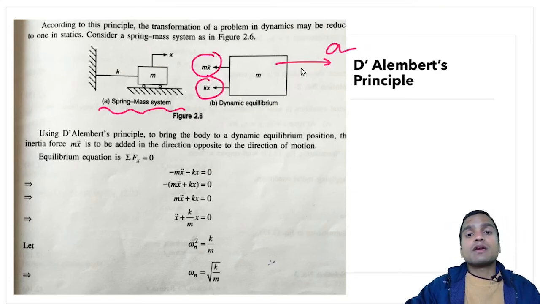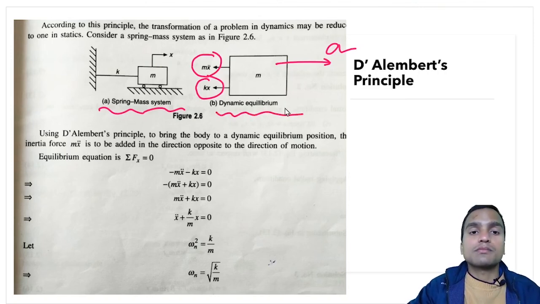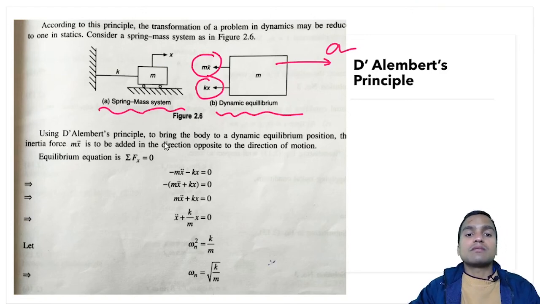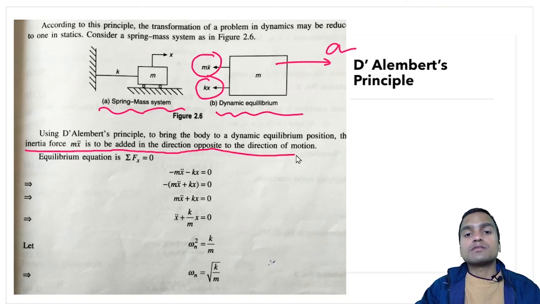When we have applied this imaginary force, this block comes into dynamic equilibrium. So using D'Alembert's principle, we bring the body to a dynamic equilibrium position, and the inertia force m x double dot is to be added in the direction opposite to the direction of motion.